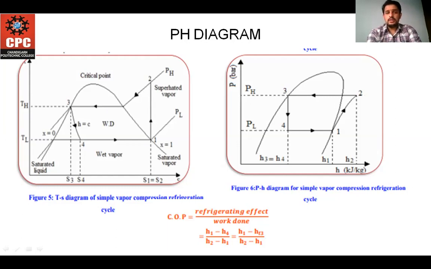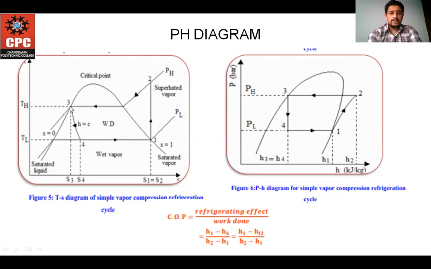After that, 2 to 3 is condensation. In this, the temperature decreases due to rejection of heat to the surrounding by the heat exchanger. The temperature of the refrigerant is decreasing, and from the superheated vapors, the refrigerant is turning into liquid.